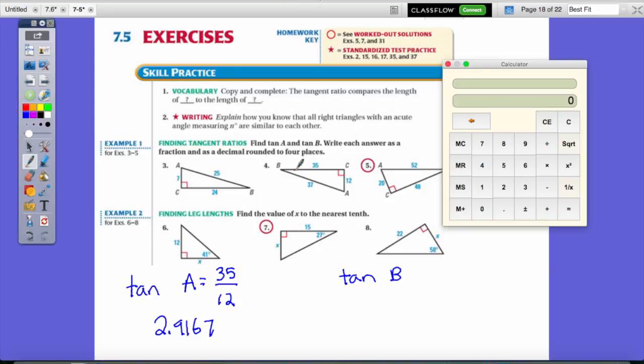For tangent B, now the opposite is 12, and the adjacent is 35. So 12 divided by 35 is 0.342857, which is going to round to 0.3429. That's problem 4.